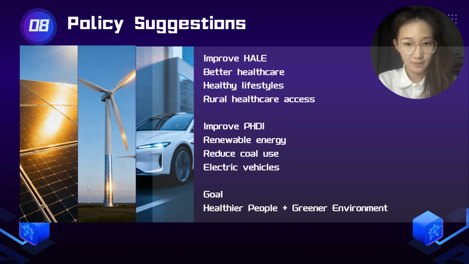At the same time, China can improve PHDI by expanding renewable energy, reducing dependence on coal, and promoting electric vehicles. China is also pursuing its carbon neutrality goal by 2060, which can further improve environmental sustainability. Together, those policies can create healthier people and a greener environment.